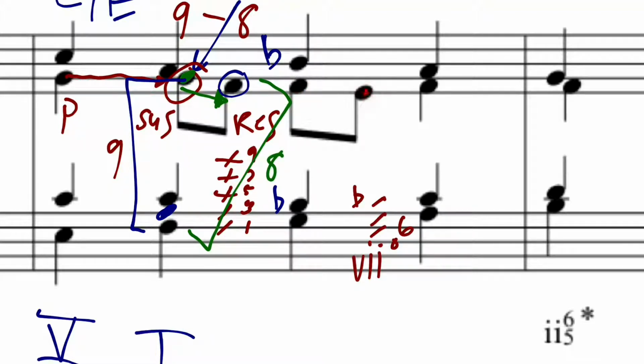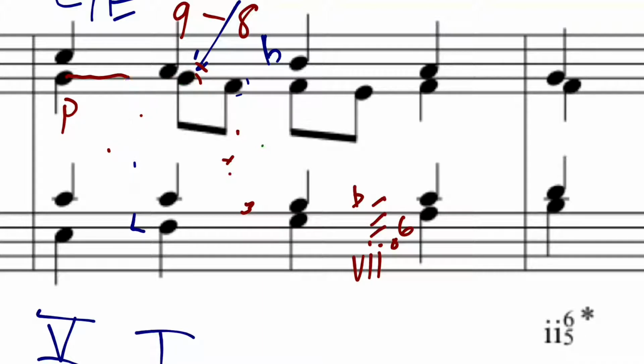This E is actually part of the chord. I'm going to erase a little bit of stuff here for just a second. We can see what we had going on. So this ends up being our resolution. This is our suspension from previous. Sus and resolution.